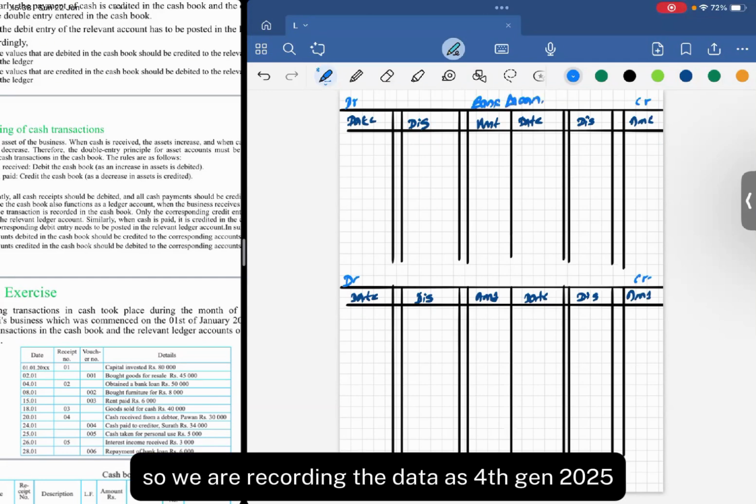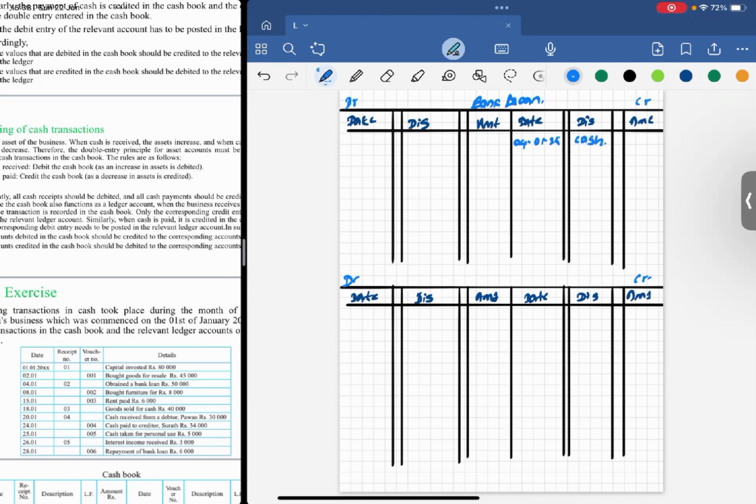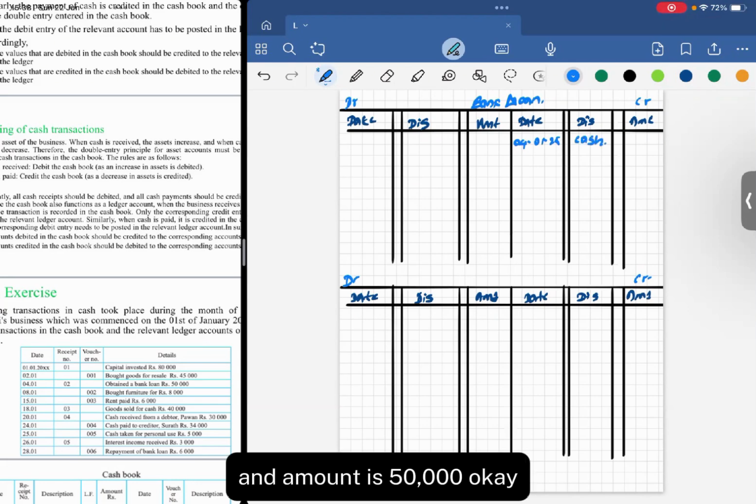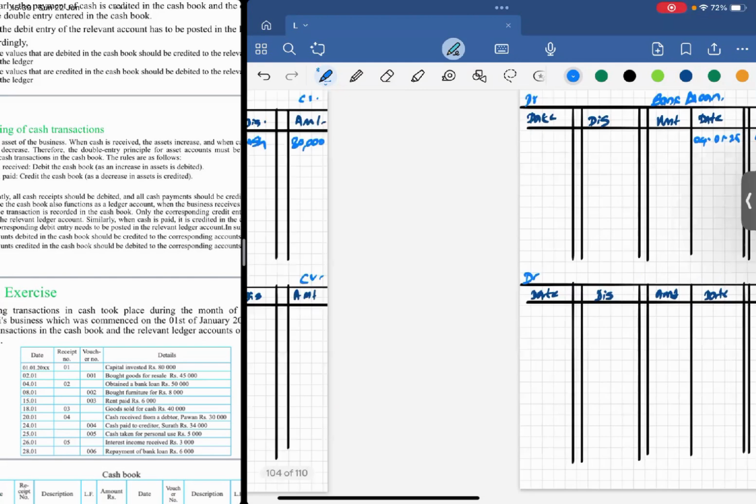We record the date as 4th Jan 2025, description cash, and amount is 50,000. So the third transaction is also done.